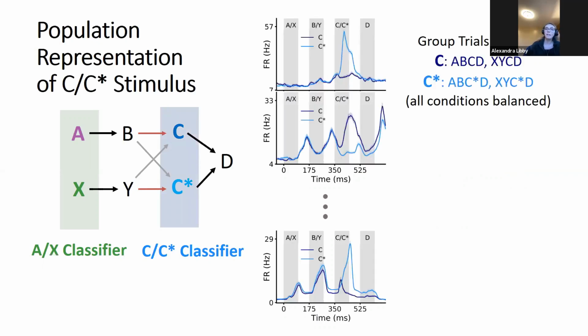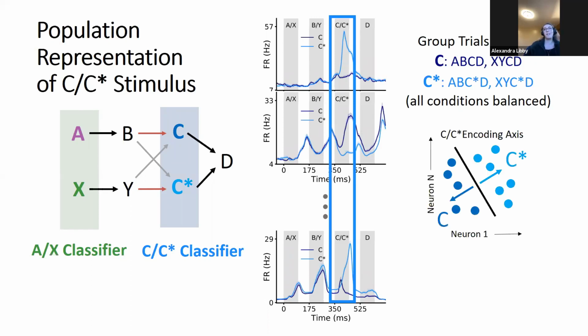So this is the exact same firing rate activity, but now I'm grouping trials by whether the animal heard C or C prime. This time I'm taking the average firing rate during the C/C prime presentation, and again, building an encoding axis. So as you can probably tell from just the firing rate responses, auditory cortex unsurprisingly represents sounds that are being played.